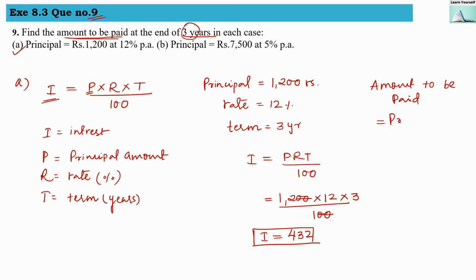So principal plus interest, that is I. So principal amount is 1200 plus interest, that is 432. When we add this, we will get 1632 rupees. So in total 1632 rupees we have to pay at the end of the term, and that is 3 years.